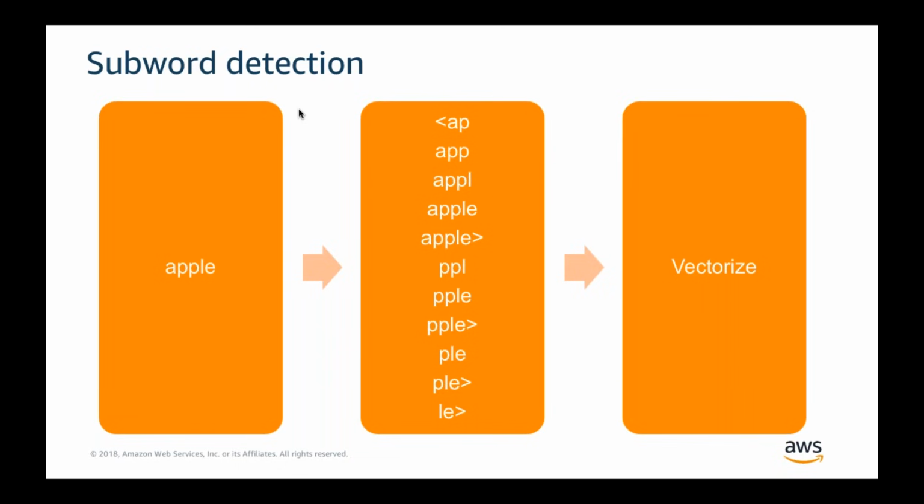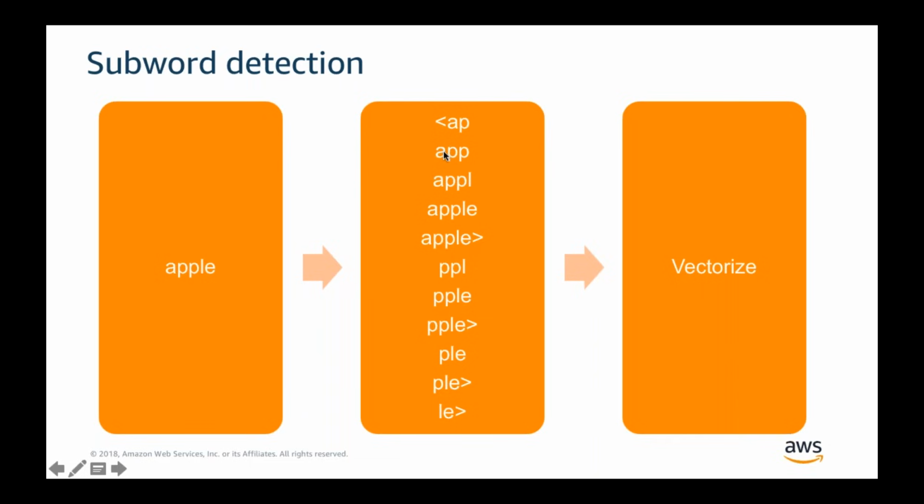So instead of taking an entire word as the basic fundamental unit of word2vec, what we do is we take subwords. If you take the word apple, you actually split this into multiple pieces. You take the starting character, and the greater than symbol as the termination character.